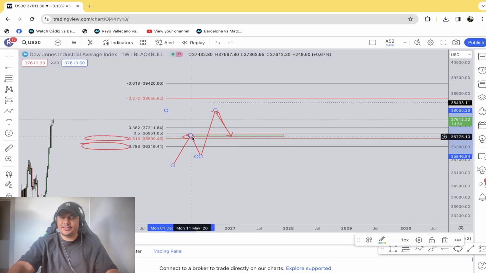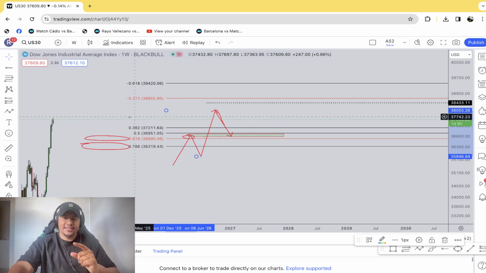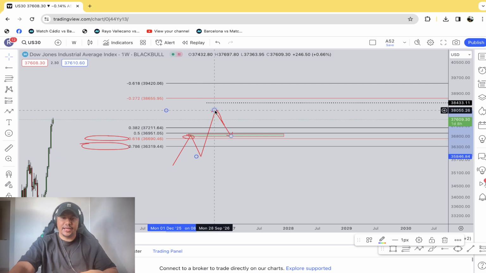You check which Fibonacci is lining up perfectly with the structure in the market, and that's where the market's more likely to pull back to. Remember, these are retracement levels.